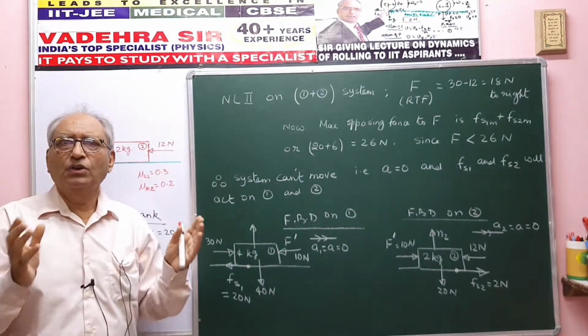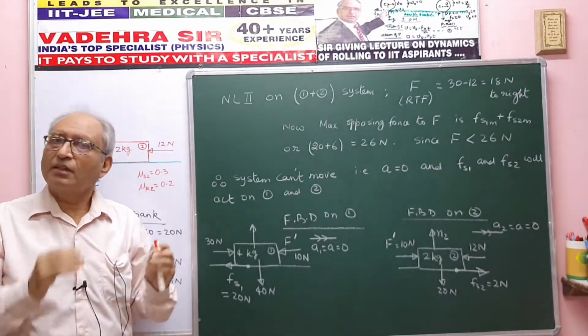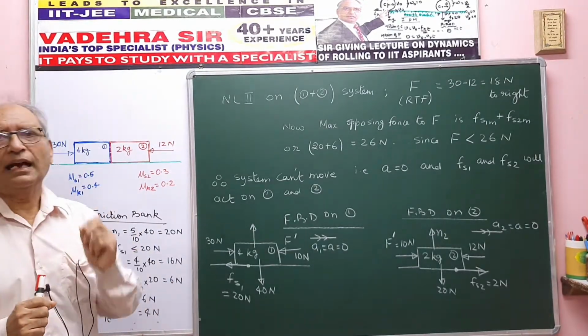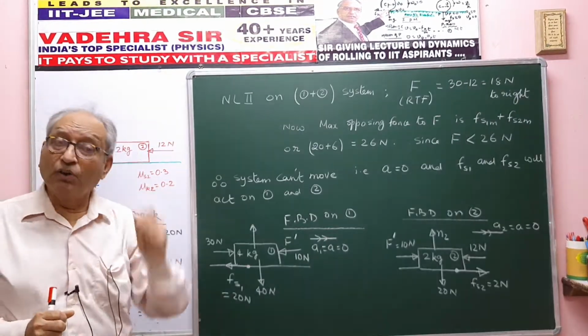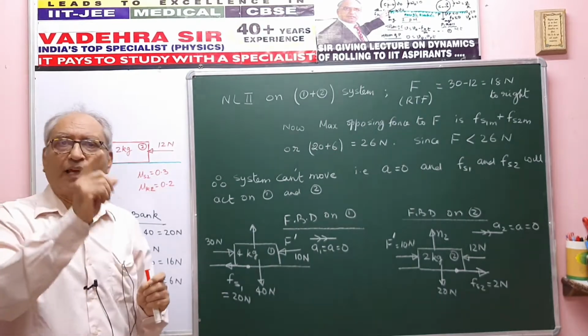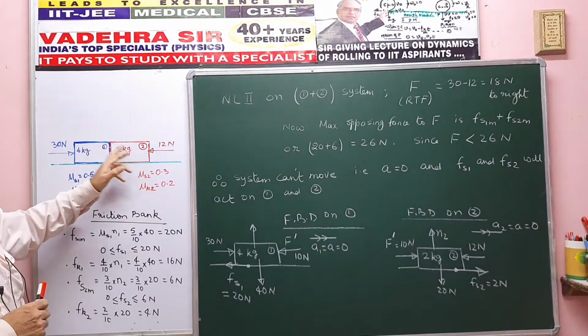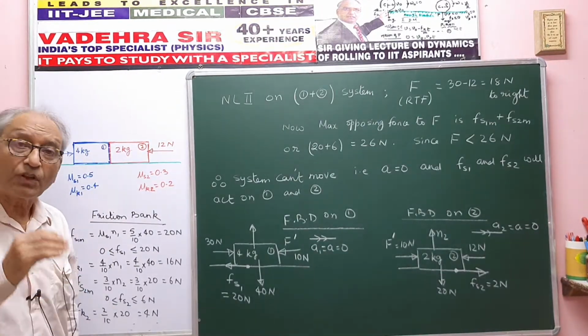And of course, as you know, in the free body diagram we take the body as a particle. So first of all, I'll apply Newton's laws on the whole system together as one body, and the whole system as one body will be a 6 kg body. All right.